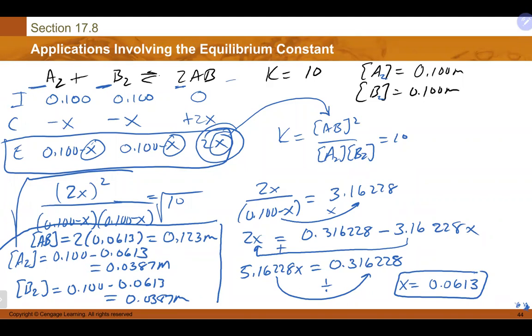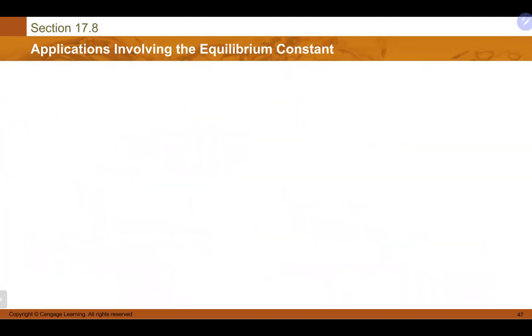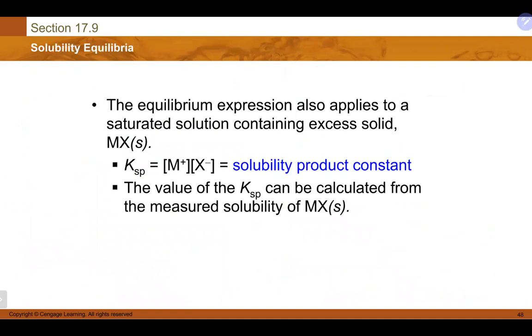Okay, so let's talk about a specific type of equilibrium. And this is what is known as KSP. KSP is known as a solubility product, and it actually is an equilibrium constant for things that are insoluble. So if you remember back in your solubility rules, for example, if you take silver and combine it with chloride, you will get a solid.